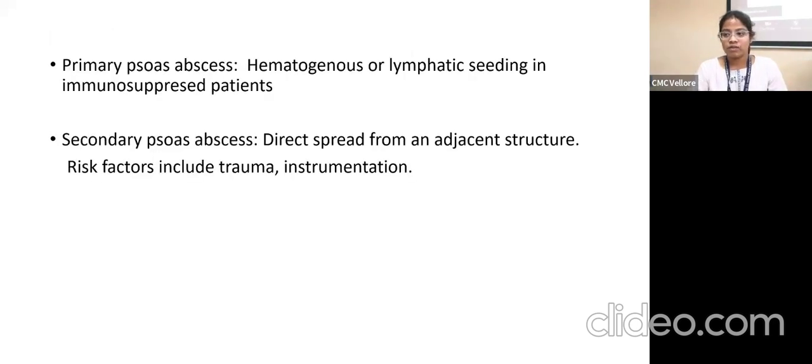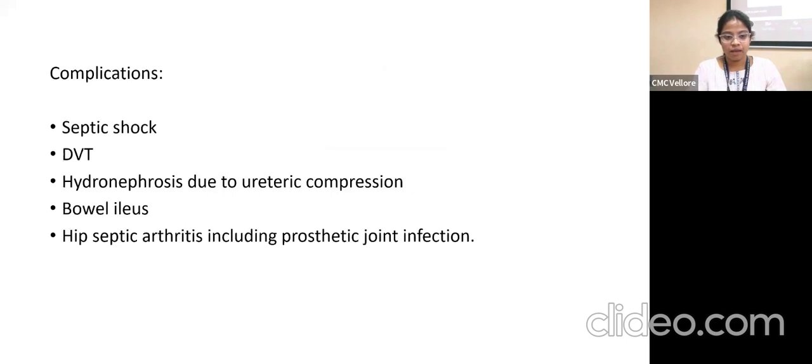A psoas abscess can be primary, which occurs because of hematogenous or lymphatic seeding in immunosuppressed patients, usually seen in the younger population, whereas a secondary psoas abscess occurs from direct spread from an adjacent structure. The risk factors include trauma and instrumentation.